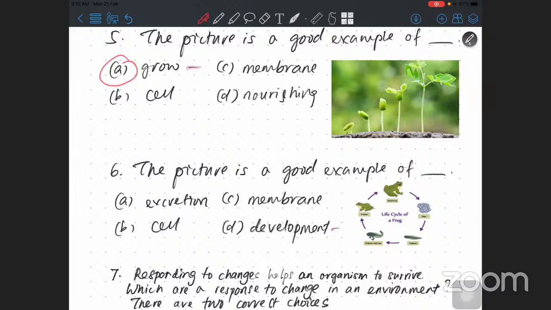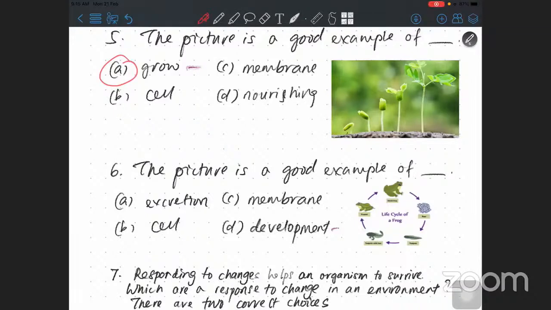Okay, in our syllabus, in the books, it doesn't appear as a part. But this is an important part of this syllabus. That's why I'm putting in this question. So we call it, this is the cell, which develops into other cells.